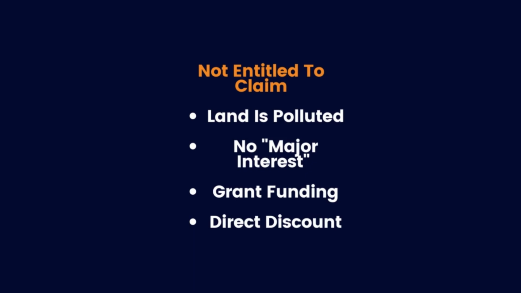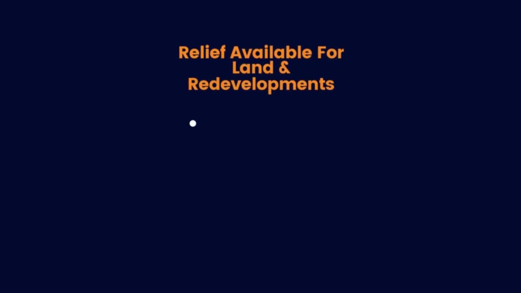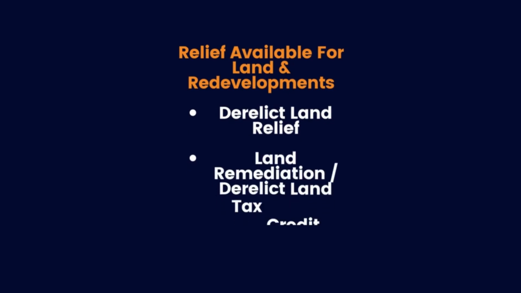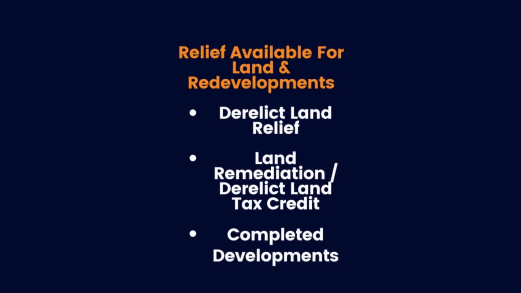Let's have a further look into some of the relief available for land and redevelopments. Derelict Land Relief was put in place by the Finance Act of 2009 to help get abandoned sites back into use. To be eligible, a site must have been listed as abandoned on the English National Land Use Database since April 1, 1998.